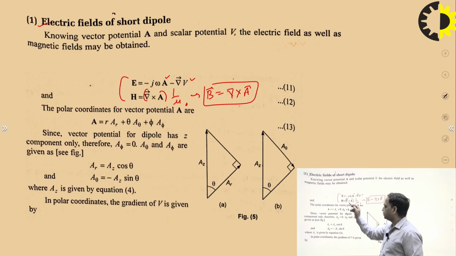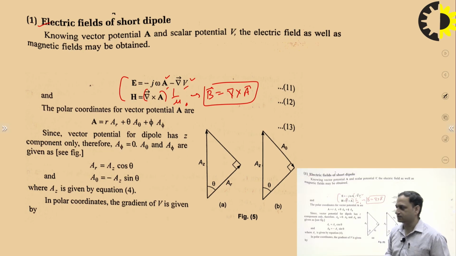By using these two equations, we will put in the values of A and V, which we derived in the previous slides, into equations 11 and 12.